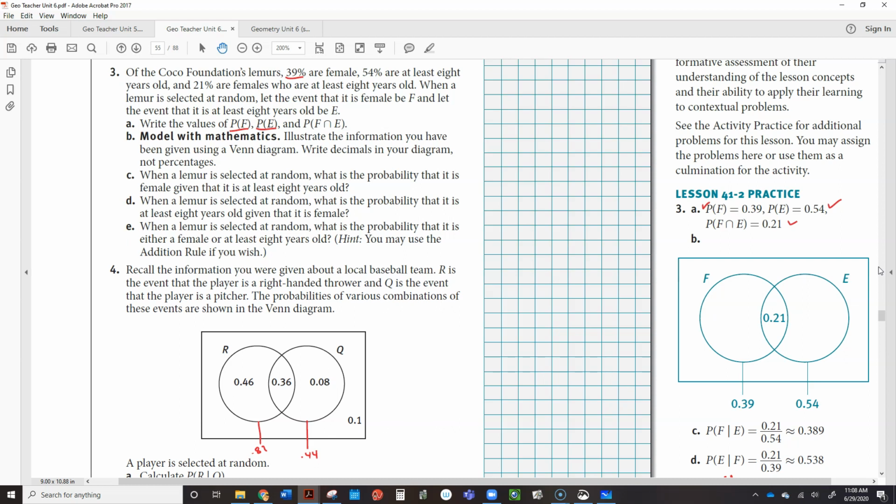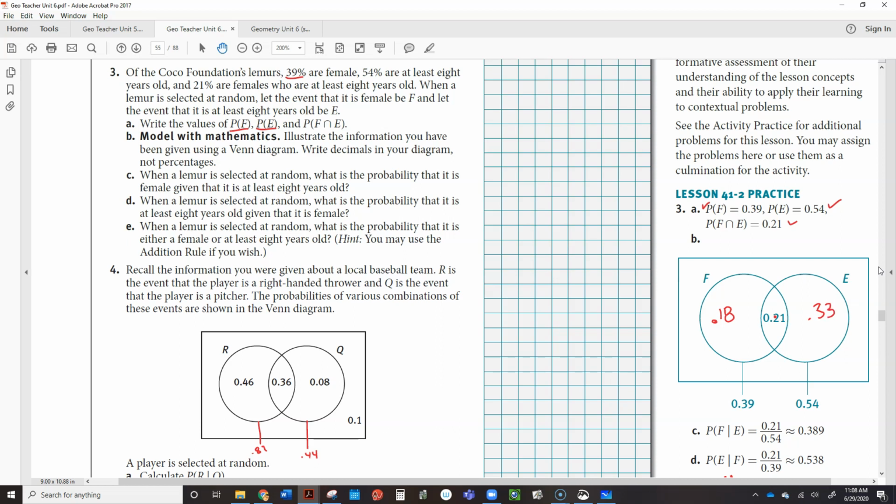So 0.39, take away the 0.21, and this part right here is 0.18. So if you put these two together, you get the 0.39. And again, if you put these two together, you should get 0.54. So 0.54 minus 0.21, you get 0.33.